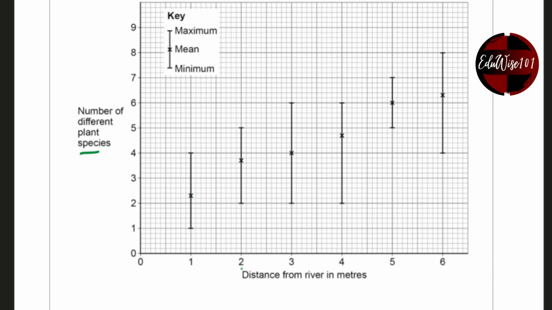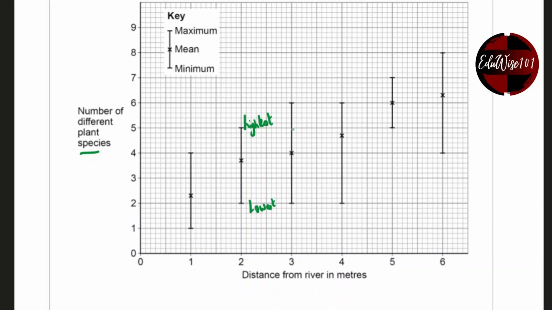At 2 meters, the average was somewhere around 3.7. So this is the lowest mean value and that's the highest. Now, these lines that you are seeing are what we call error bars.